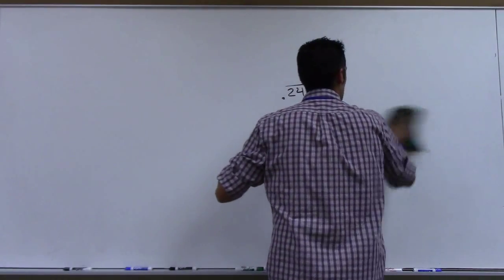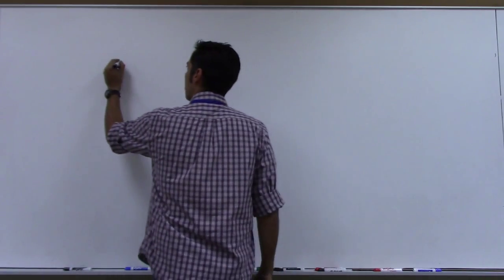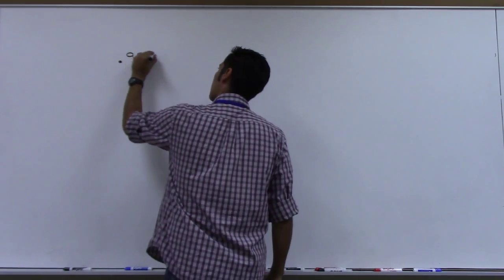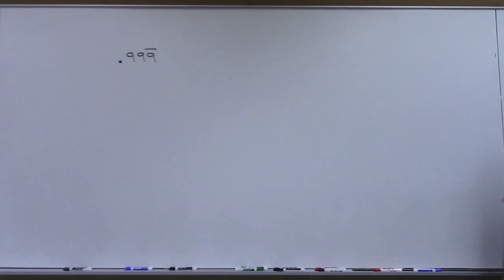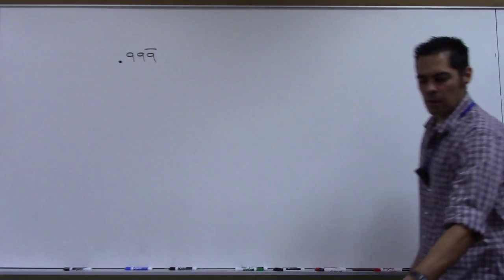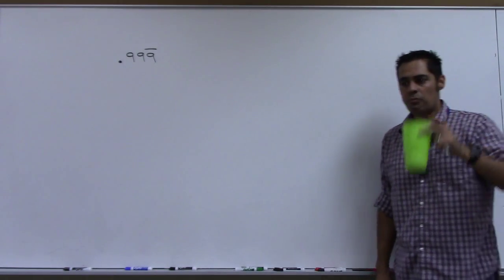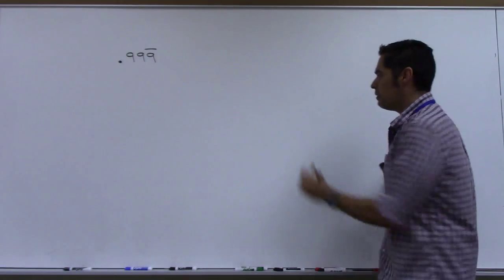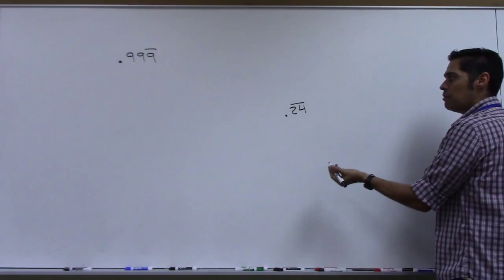The last thing that I'll mention here is a classic problem: what is 0.999 forever equal to? Rewrite that as a fraction. If you follow what I just said, like for 0.244 forever, what did you have to do?